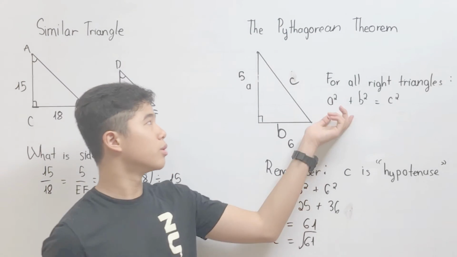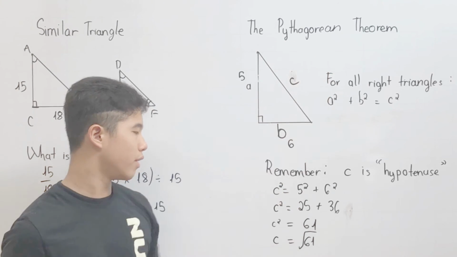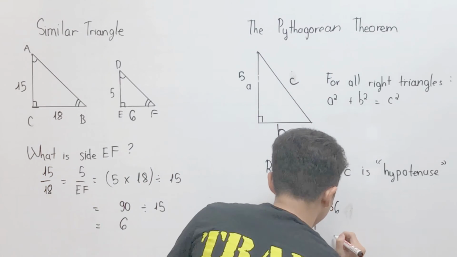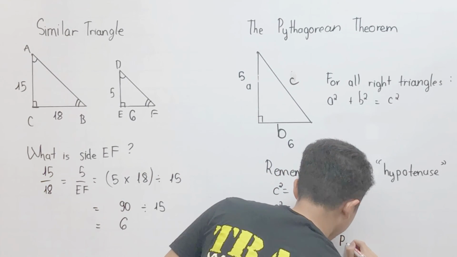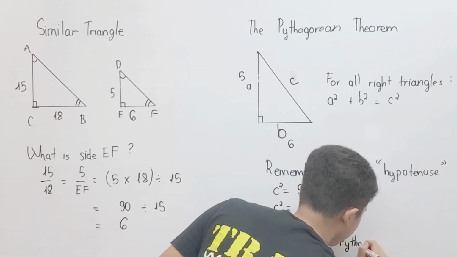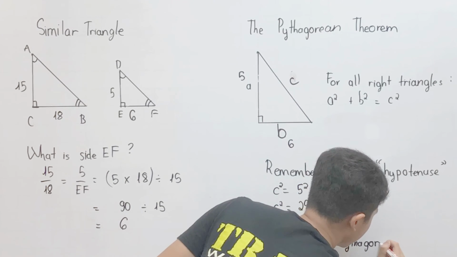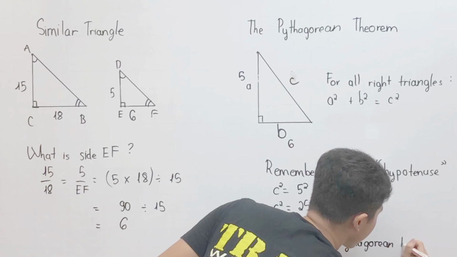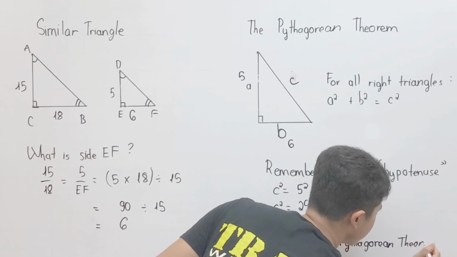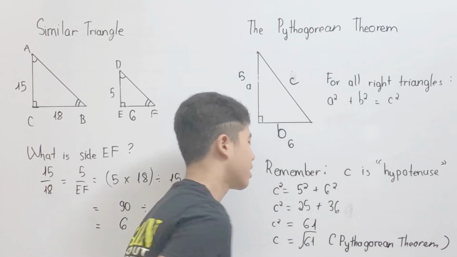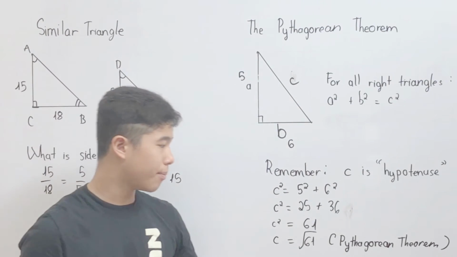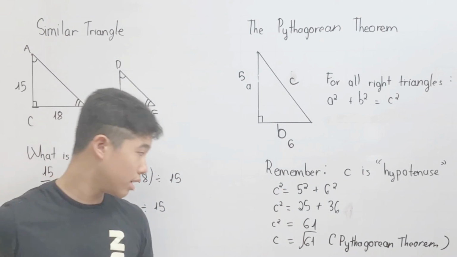And then you just use the Pythagorean Theorem. Must write Pythagorean Theorem right here. In the exam, you must remember to write this, because it's really important, you must explain why you get this equation.